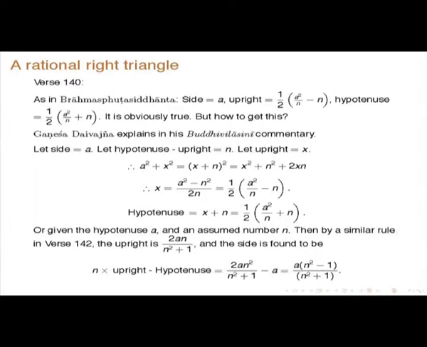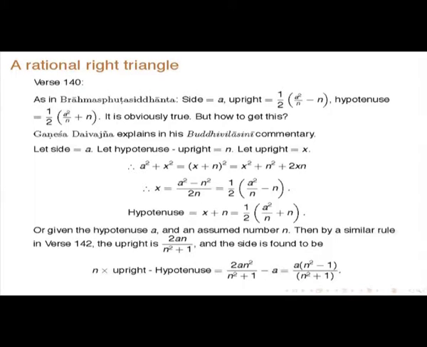So that is (x plus n) whole squared, which is x squared plus n squared plus 2xn. So, you immediately get x is equal to half of a squared by n minus n, and hypotenuse is x plus n, which is equal to half of a squared by n plus n. So, essentially you are starting with side A and the hypotenuse as n plus the other perpendicular side, and you get this.